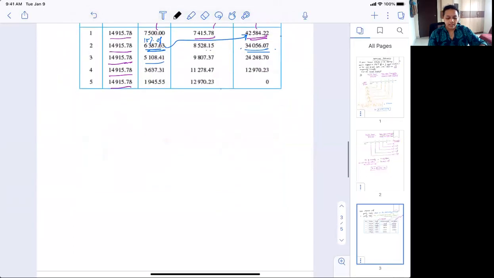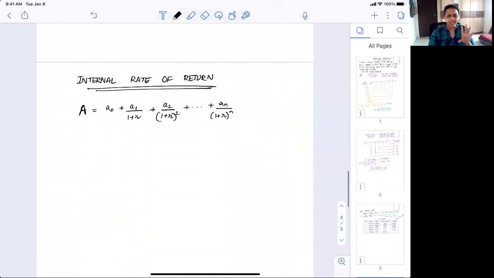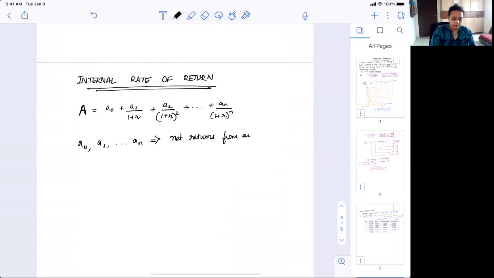The one final thing which I'll quickly review here is a concept called the internal rate of return. And this is not related to mortgages or annuities, but generally to the idea of present values. So if I have a series of A0, A1, and so on, up to AN, and I call them the net returns from an investment or a project, net returns meaning the benefits minus costs.